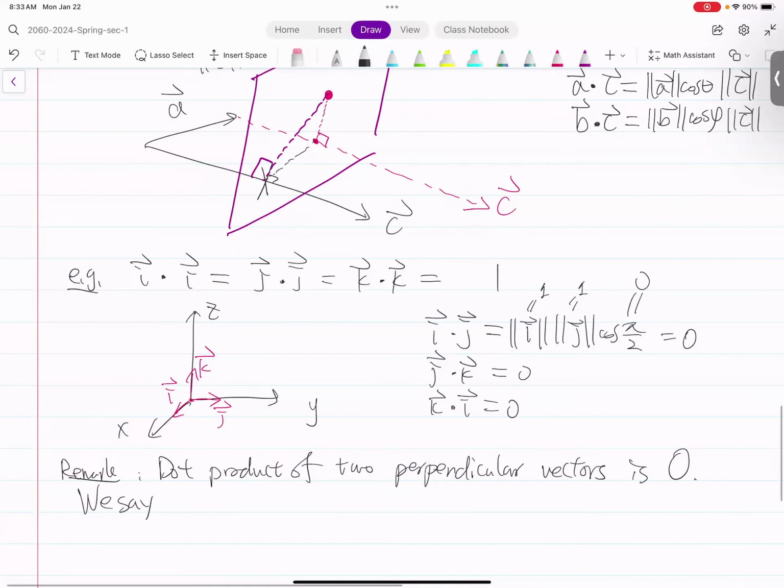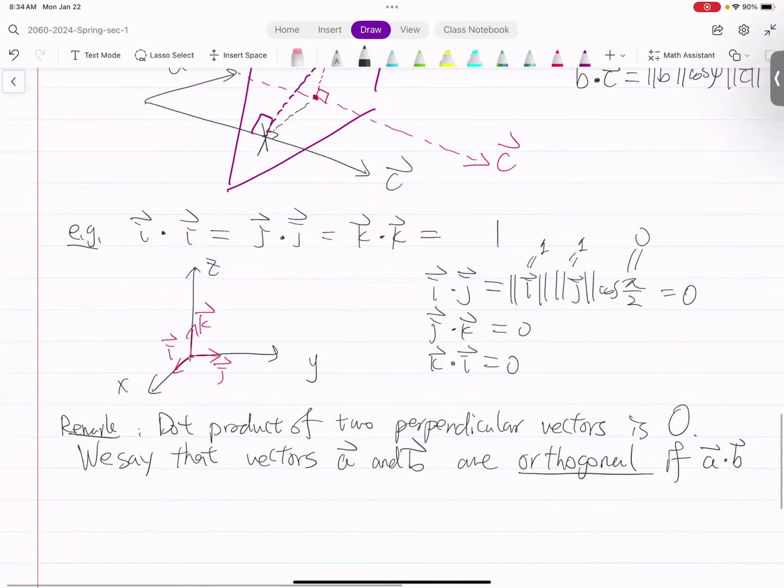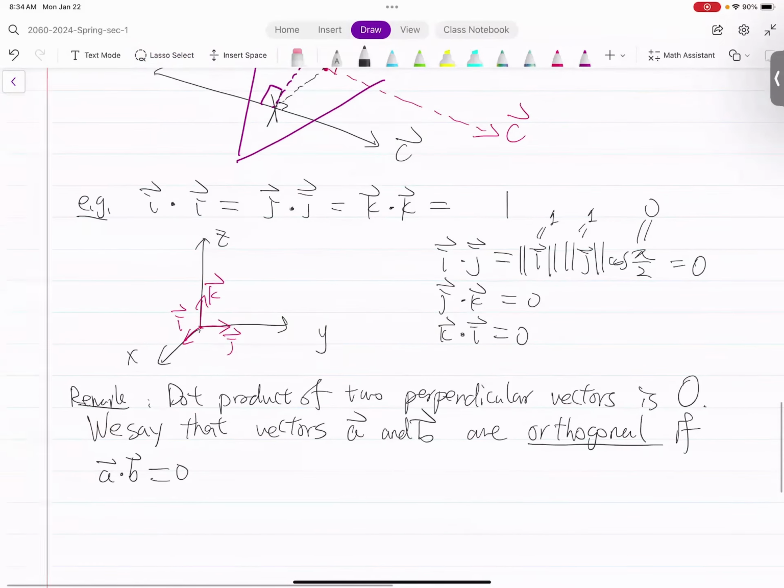We say that vectors A and B are orthogonal if A dot B equals 0. So whenever you have two perpendicular vectors, you can always say, in other words, that they are orthogonal.